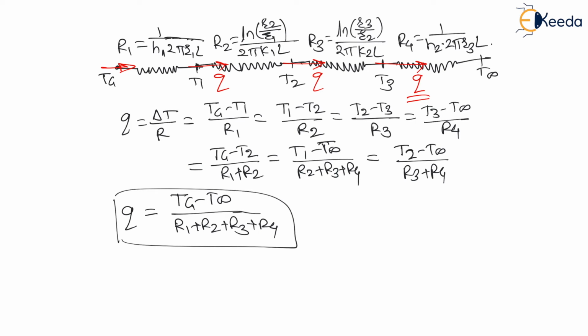And my dear students, if I consider the total temperature difference and total resistance, then we can write this heat transfer in terms of the overall heat transfer coefficient. In previous lectures, we have already seen the meaning of the overall heat transfer coefficient.